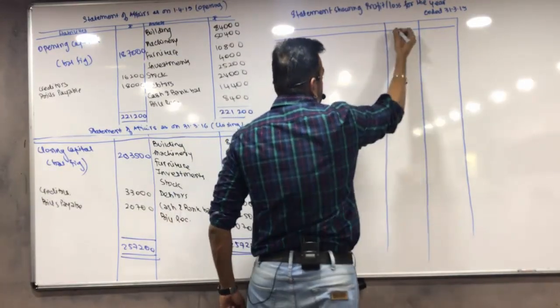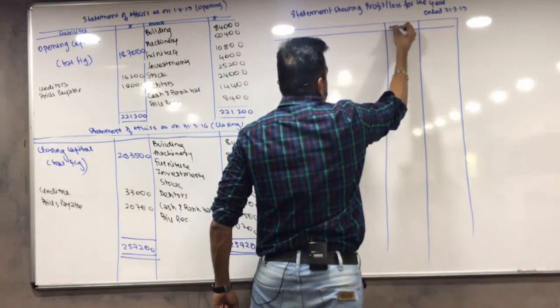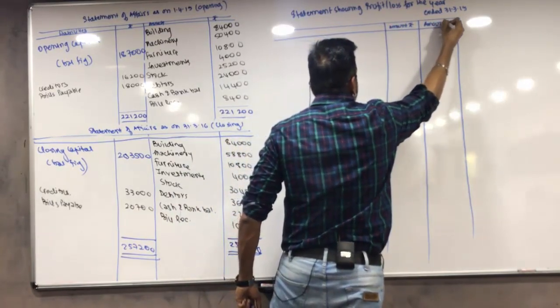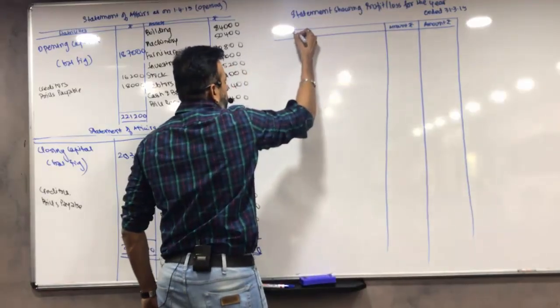These two columns are amount rupees, particulars.